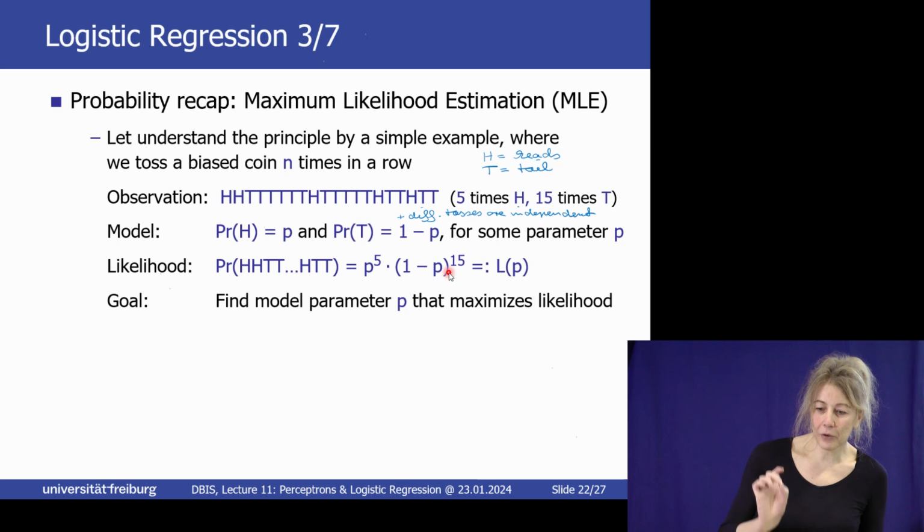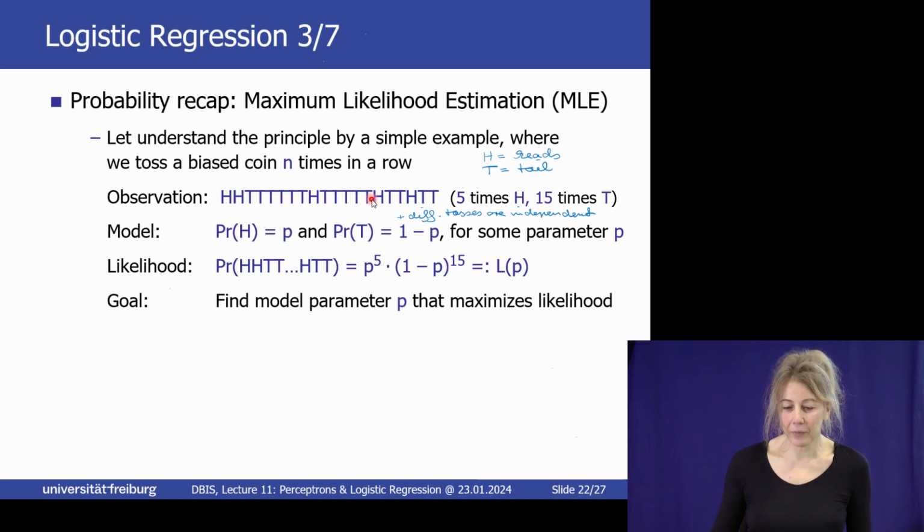And now the goal is, okay, that's my observation, that's my model, that's the probability of making that observation. What is the most likely model parameter? What is the most likely P for that to happen? Or you could also ask, was it a fair coin? Is it likely that it was a fair coin when that happens?